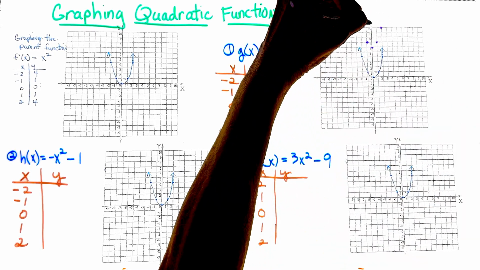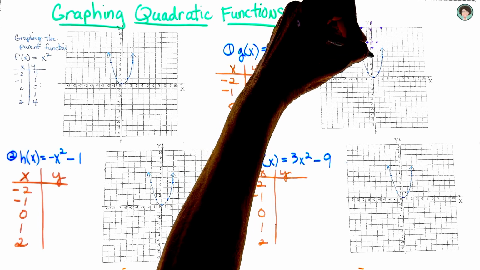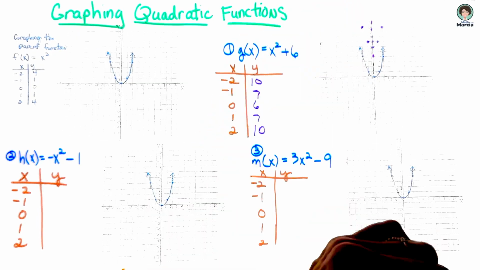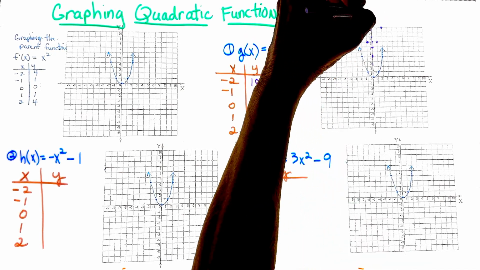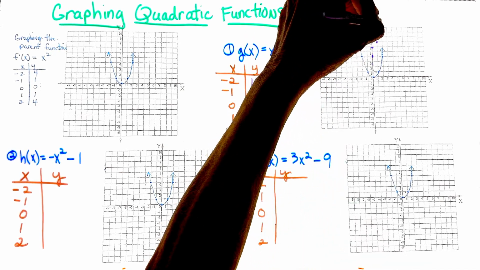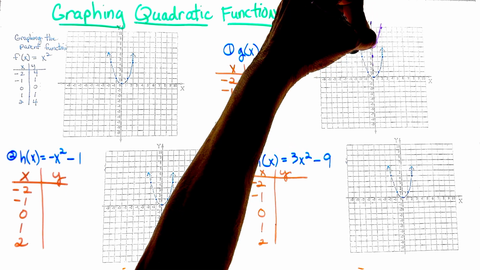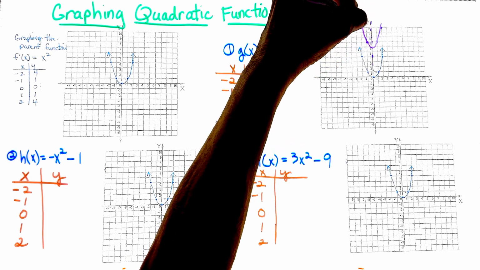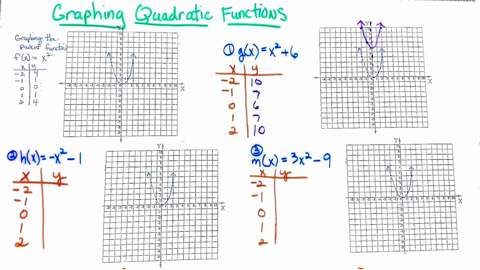I mentioned the term axis of symmetry. That is this dotted line that cuts the parabola, the graph of a quadratic function, into 2 equal parts. When you graph this, you might want to make it a V, but it's supposed to be rounded at the end, and you do the best you can with that.